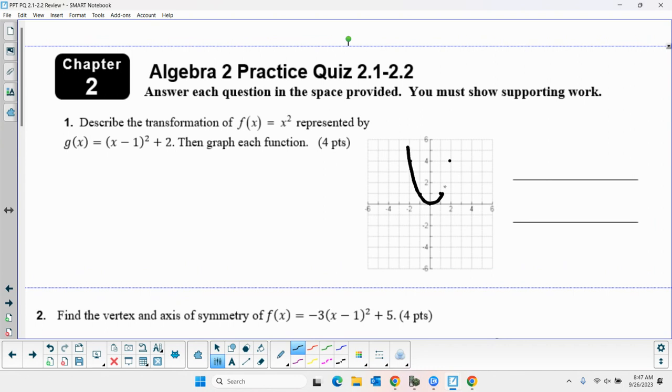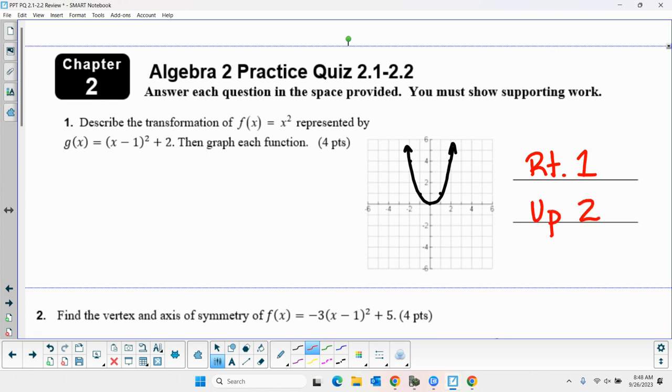So there's the parent function. I always do that first. Okay? And then I look at this to see what's going on. So when it's x minus 1, it means I'm moving it right 1. And when you got the plus 2 on the end, means I'm going up 2.